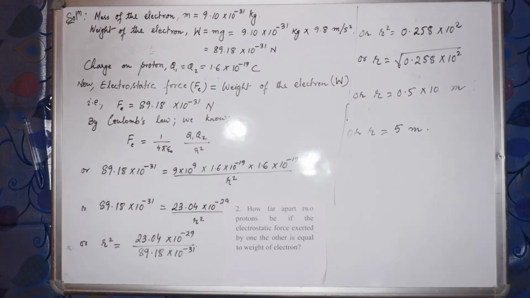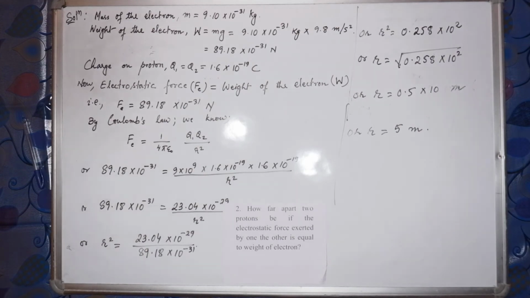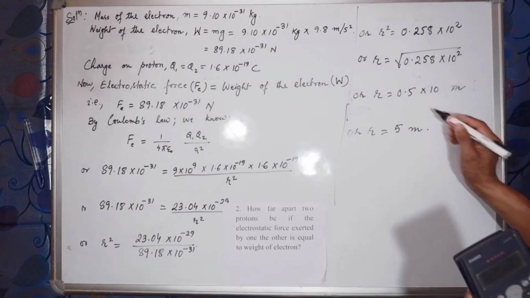Okay, let me do this one with a calculator, because it will be more than 5 I think. The square root of 0.258 is equal to 0.5079.